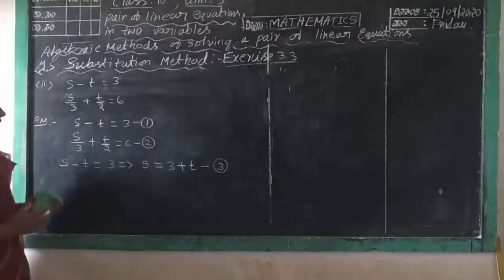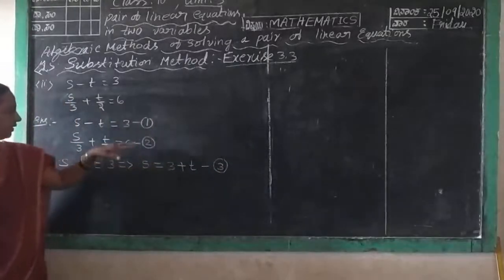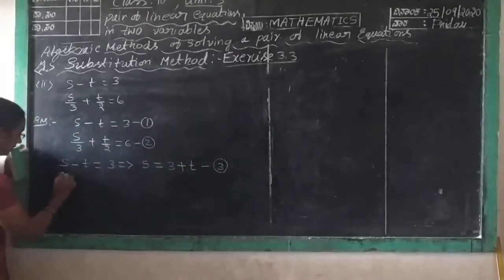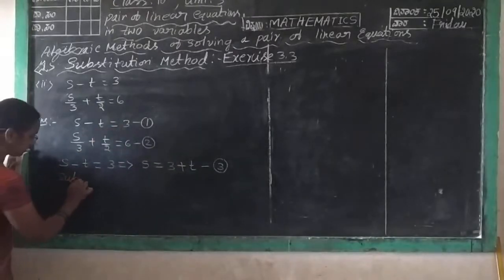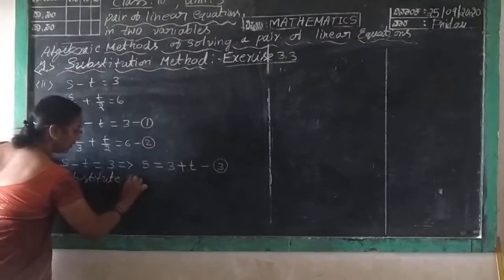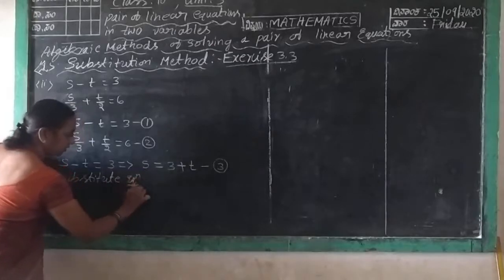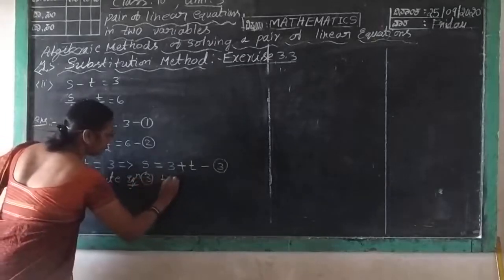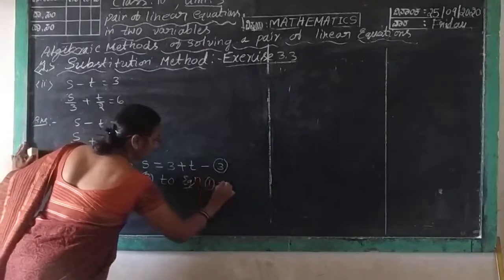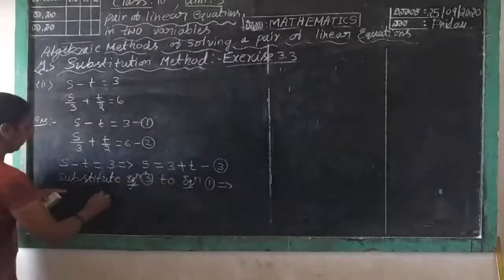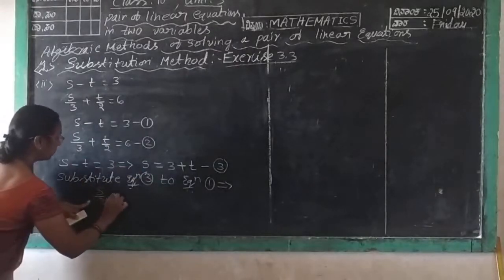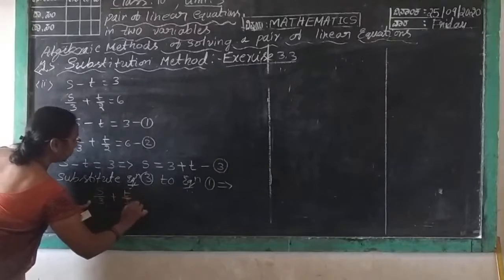Then substitute equation 3 into equation 2, but not into equation 1. Then substitute equation 3 into equation 2, that becomes s by 3 plus t by 2 is equal to 6.